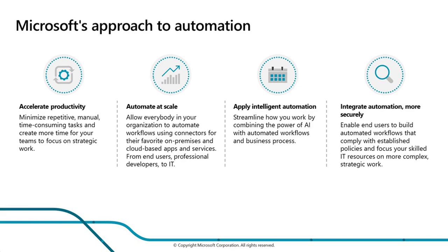So the Microsoft approach is first to accelerate productivity, minimize repetitive, manual, time-consuming tasks, and create more time for the team to focus on strategic work. Second, automate at scale. Allow everybody in your organization to automate workflow using connectors for their favorite on-premises and cloud-based applications and services, from end users and developers to IT.